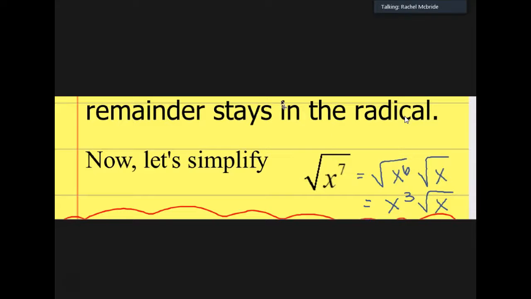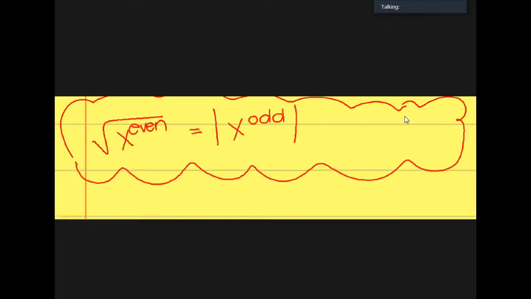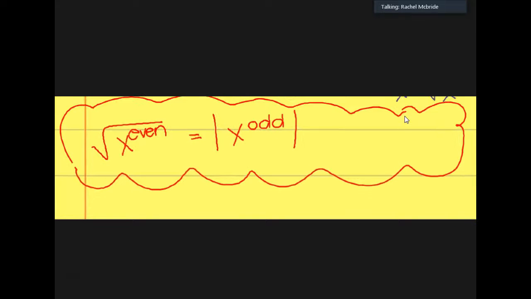And then the last rule is that if you have an even exponent to start under the radical, and when you divide that even number by 2, you get an odd number, then you need to put absolute values around the variable.